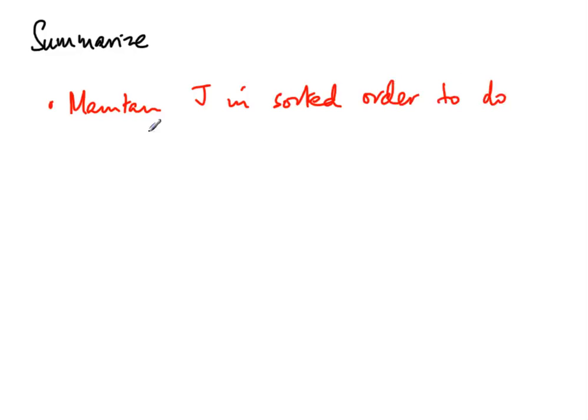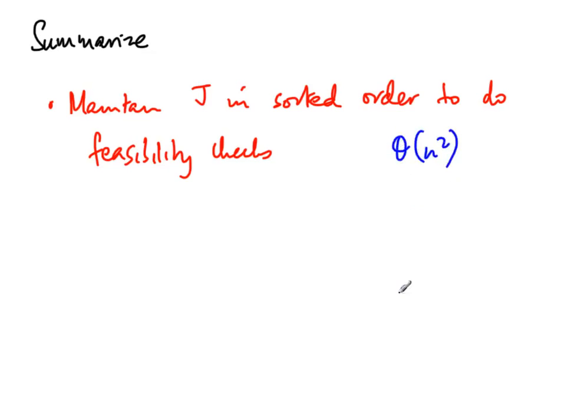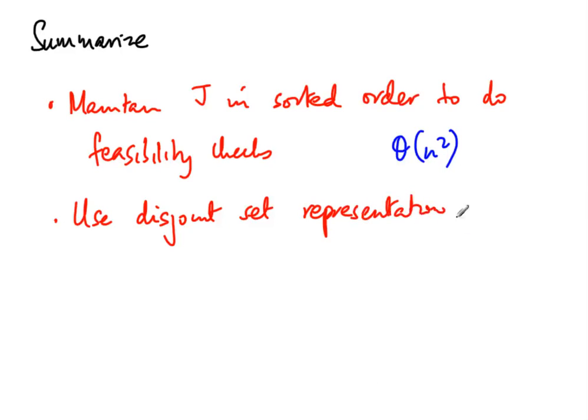Okay, so to summarize, if we maintain J in sorted order to do feasibility checks, then the overall algorithm takes theta of n squared. If we use disjoint sets, then we bring it down to O of n times alpha of 2n comma n, where this is the inverse Ackermann function.